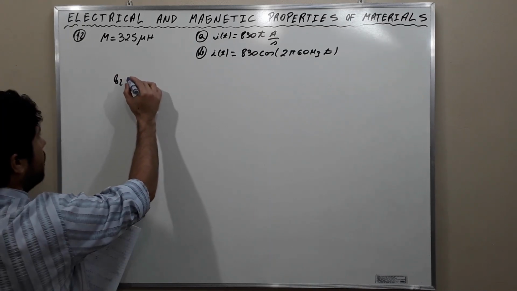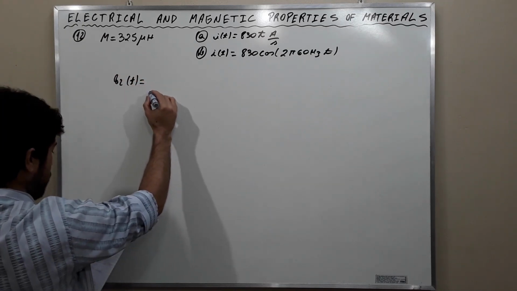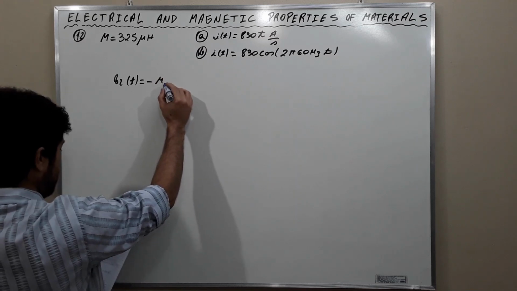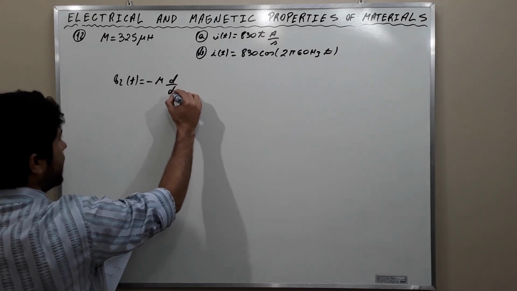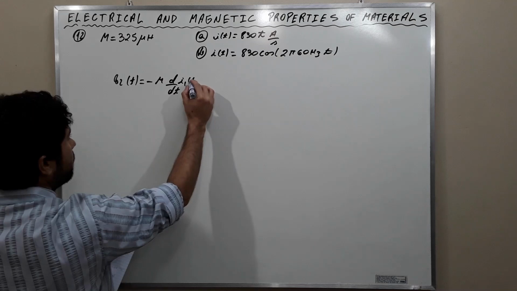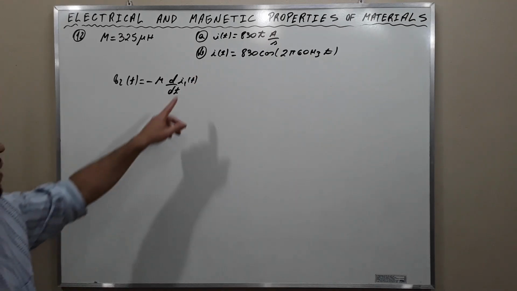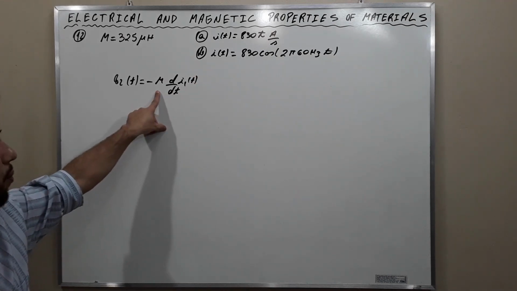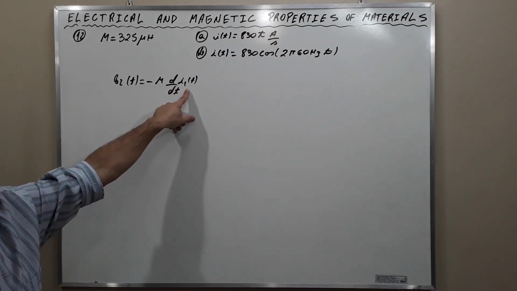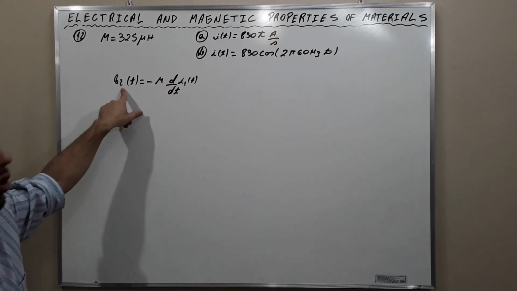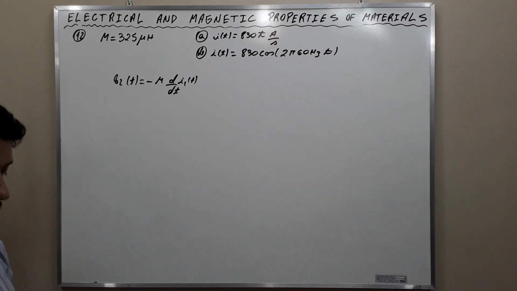V2 of t is equal to minus M times the derivative with respect to time of I1 of t. Okay? There is a mutual coupling, and the I1 is going to cause a voltage on the second coil.